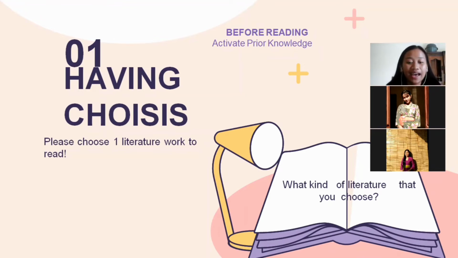So here, having choices. Okay, all my dear students, you are free to choose your own need. You could choose one literature work. You could choose how you read it, and then you are free to respond to a piece of literature that you choose, and I allow you to actively construct your own meaning.